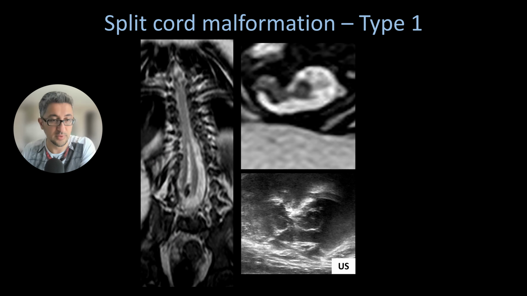When we did the postnatal MR imaging, we were able to see that bony septum on the coronal images. Coronal images are best, and on the axial we can see the bony septum, a partial one, and on the ultrasound we were able to see two separate cords and this bony septation.